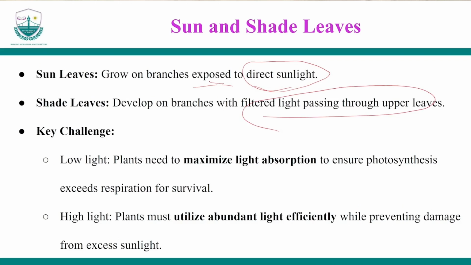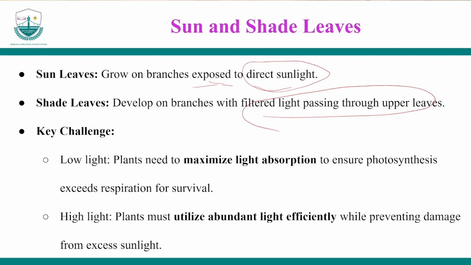That means the upper leaves are the ones that take advantage of the light that comes, and then these shade leaves only have to work with what remains after the light has been filtered.